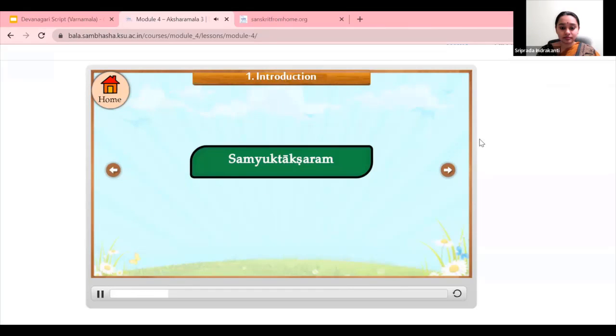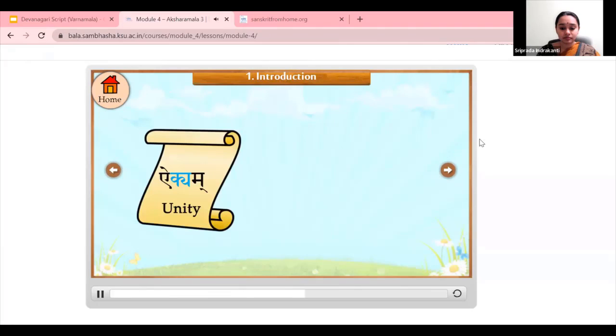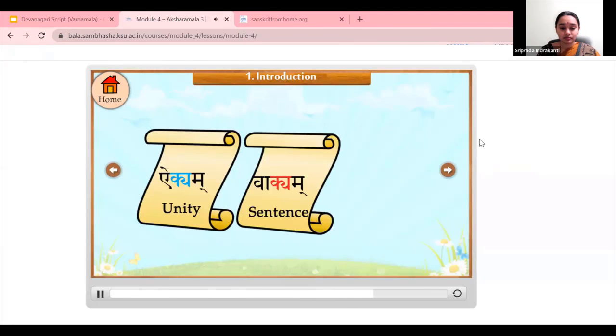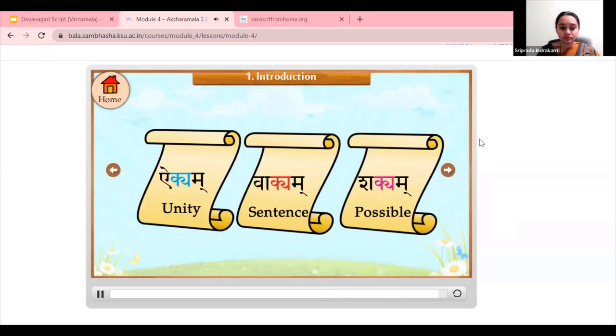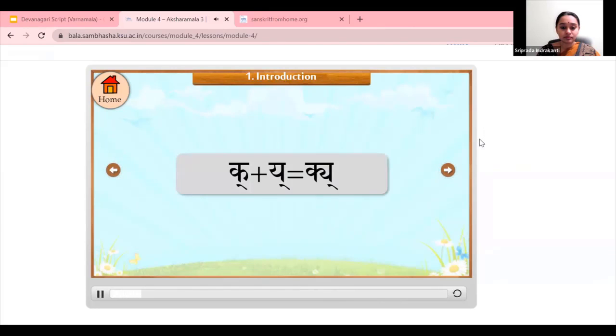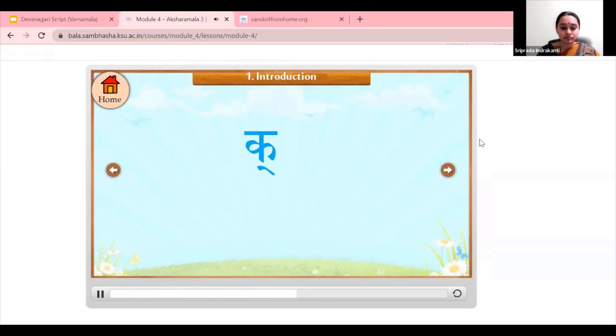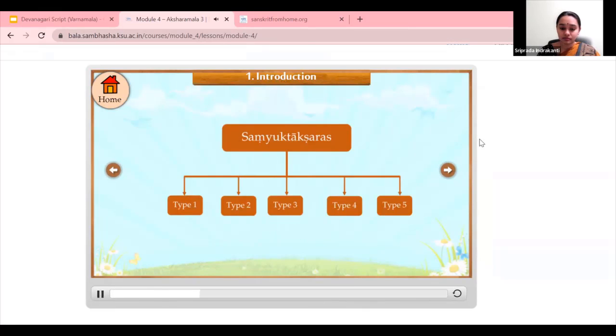This Samyuktaksharam is used in words like aikyam, vakyam, shakyam. As you can see, when we write the Samyuktakshara kya, we don't write the letters k and y separately. We join them with some modification. In the next section, you will know about different kinds of Samyuktaksharas.